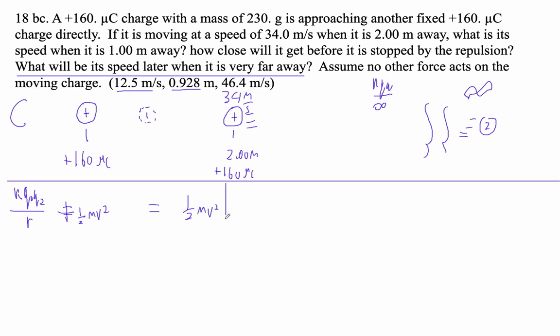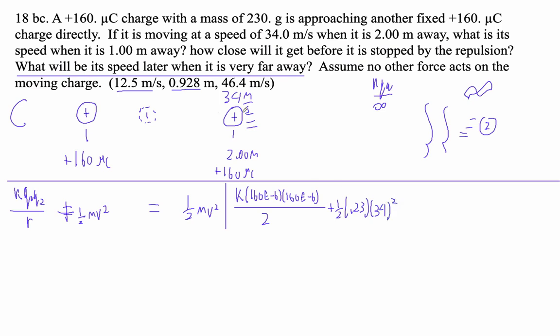Okay, so let's see what this does here. I'm going to go K times 160 E minus 6 times 160 E minus 6, divided by 2, plus 1/2 times 0.23 times 34 squared.